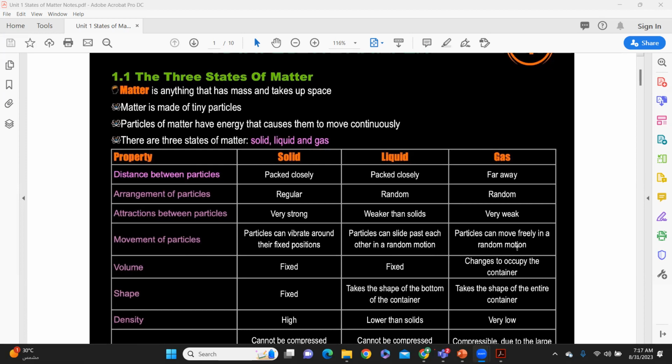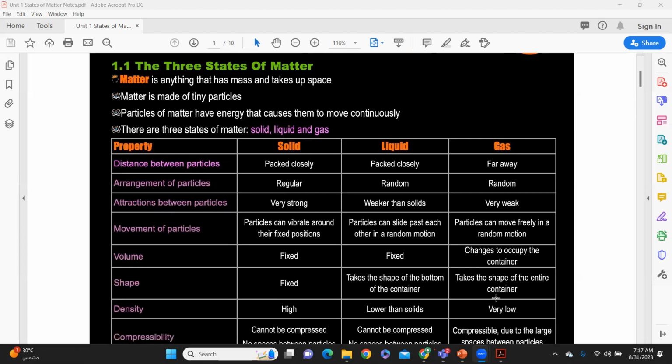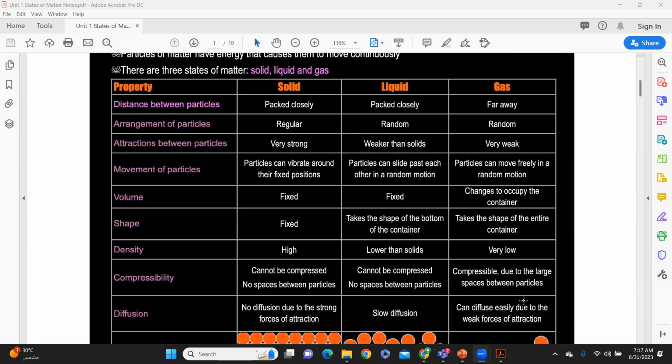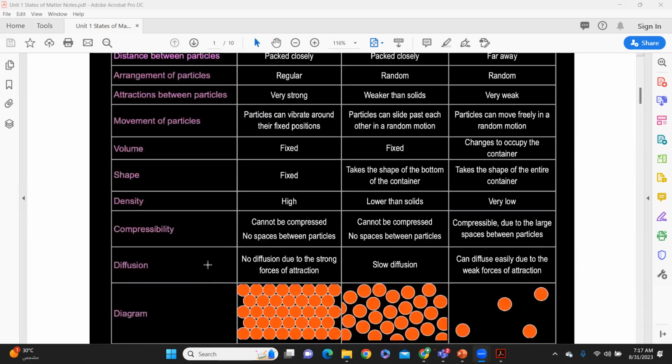In a gas they move freely in random motion. Volume is fixed in solids and liquids, but changes in gases. Shape is fixed in solids, takes the shape of the container in liquids, and fills whatever container in gases. Density is high in solids, lower in liquids, and very low in gases. Compressibility and diffusion we'll learn after that.